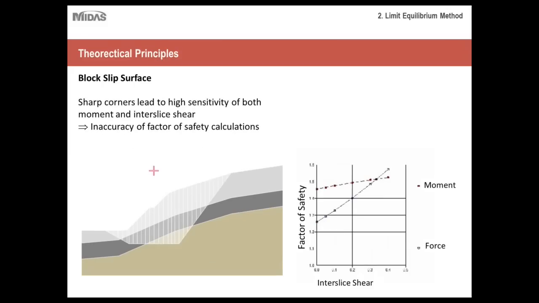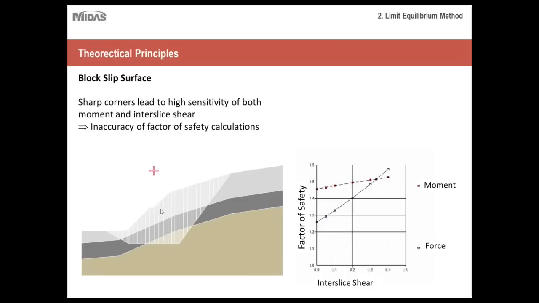Okay, and then let's talk about a block slip surface. As you can see, instead of a circular shape here, it has these very sharp corners. This tends to lead to erroneously high moments and shear forces, and thus erroneously high factor of safety calculations.